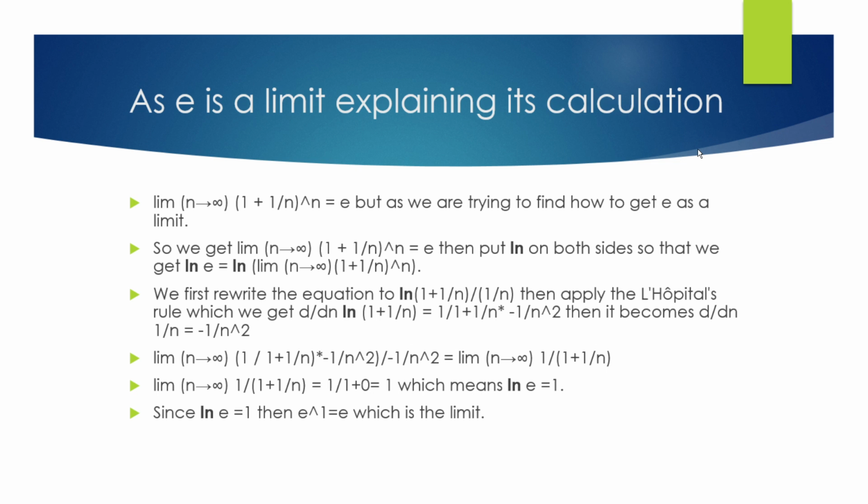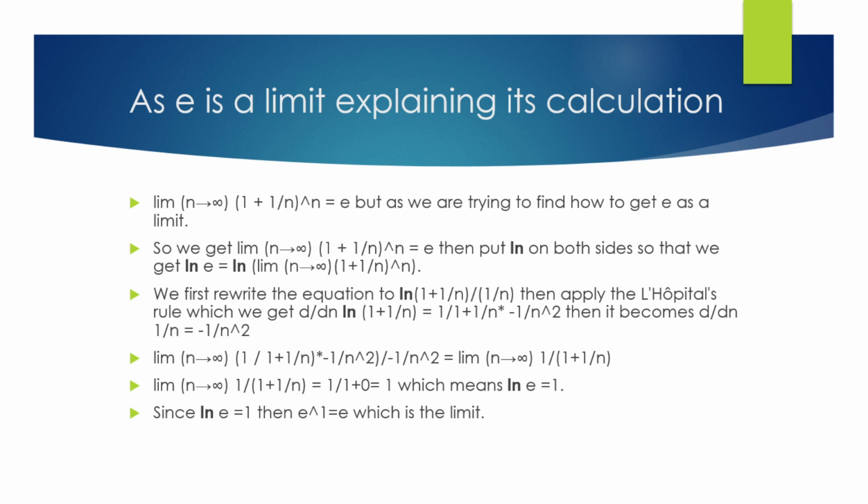Now, finding e as a limit and explaining how it's calculated is slightly more complicated. The limit as n approaches infinity of (1 + 1/n)^n equals e. But as we're trying to find how to get e as a limit, we would have to start with the limit as n approaches infinity of (1 + 1/n)^n equals e.